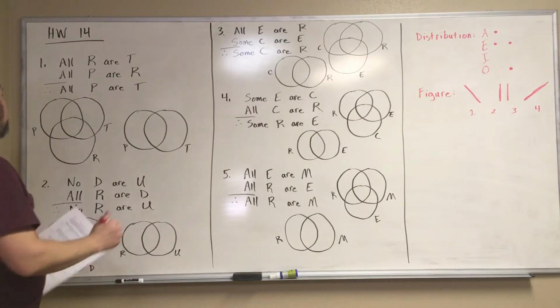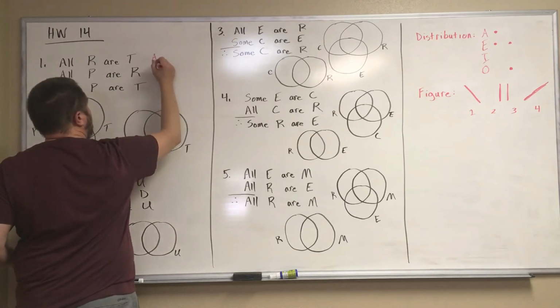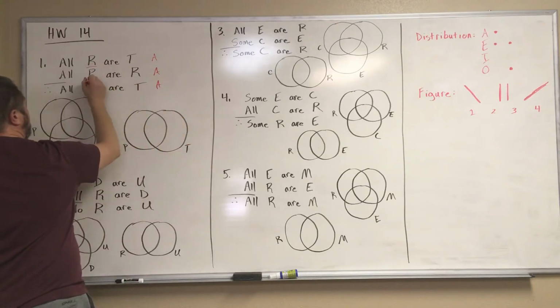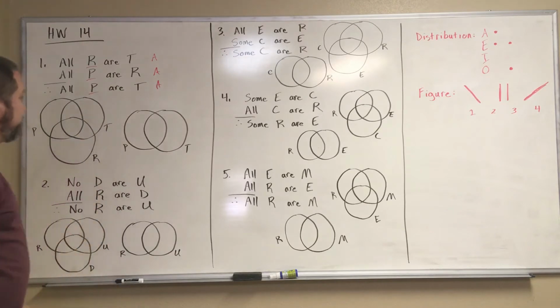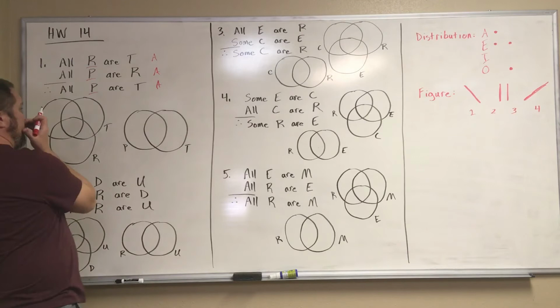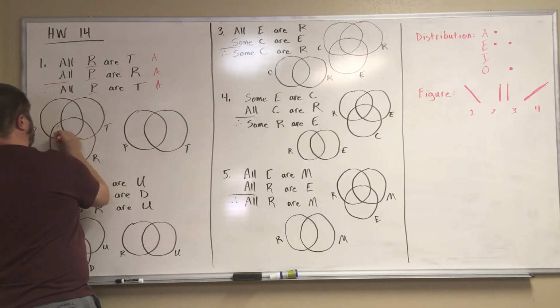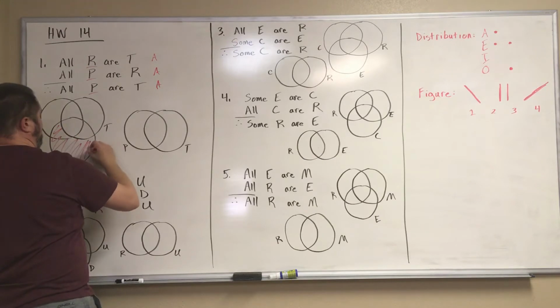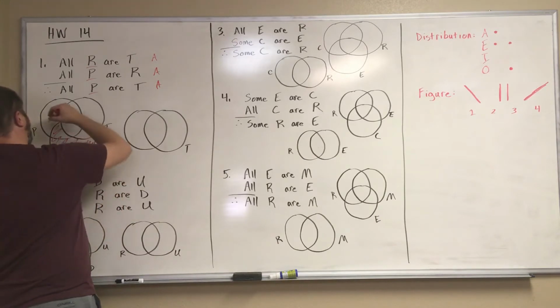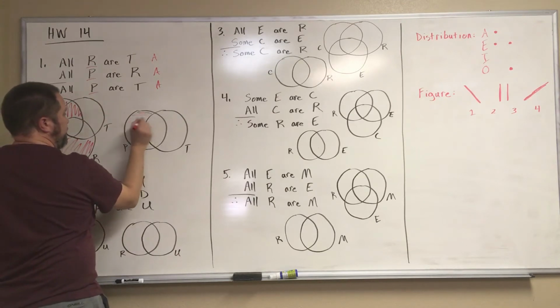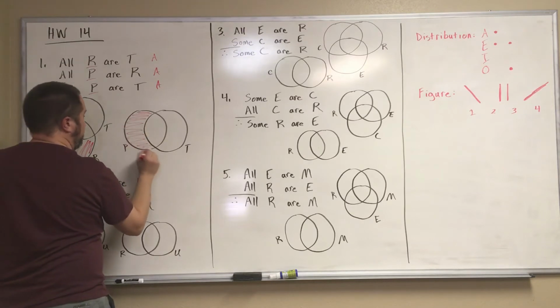All right. So we have A statement, A statement, A statement. Subject term is distributed in A statements. So let's go ahead and fill out the Venn diagram. All R are T. All P are R. All P are T, so we go over to the 2-circle Venn diagram for the conclusion.